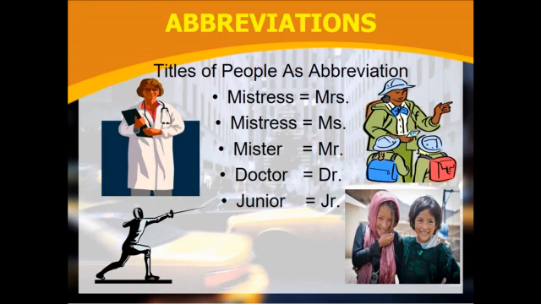The difference between these 2 words is that the first is used with a lady who is married, whereas the second is used with both a lady who is married and one who is yet to be married. Mr. for a man, and Doctor is written as Dr., and the rest as you see.